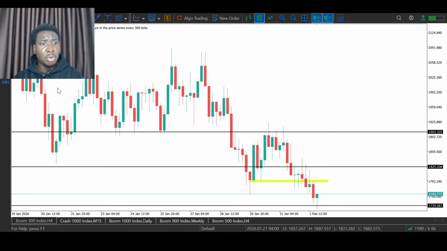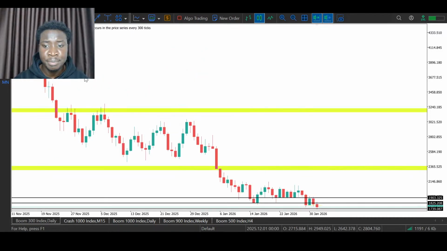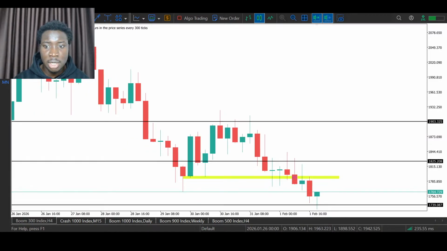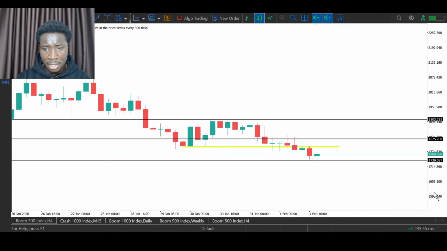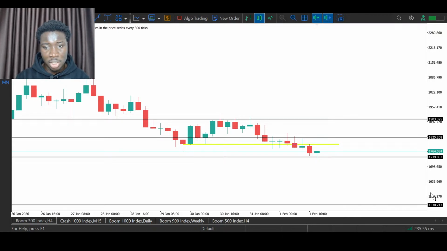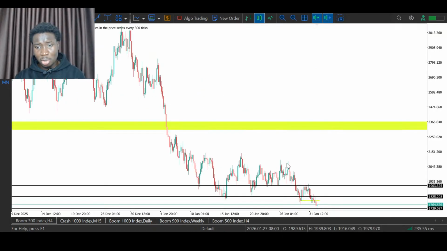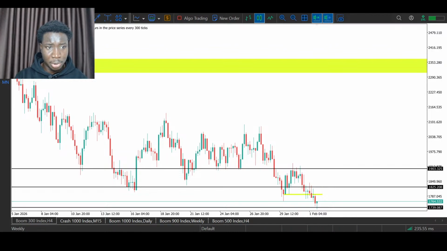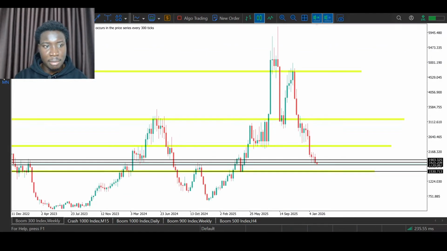On Boom 300, I literally closed out all my positions when it got here because this is my first target for the week, 1739. Then my overall target for this month is 1530 because this market is on a downtrend. The monthly is still looking bearish.